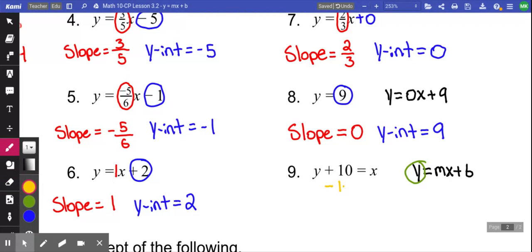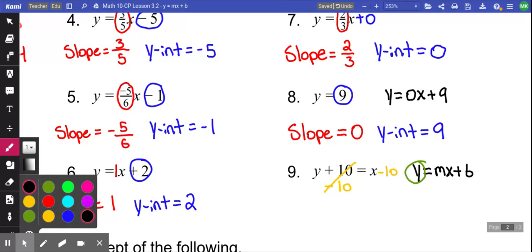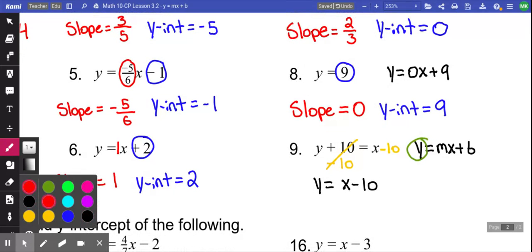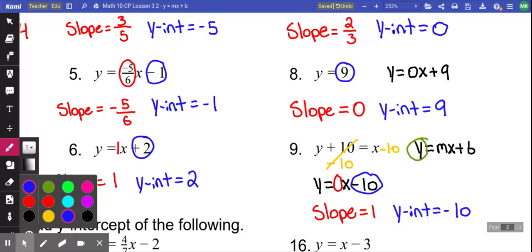The way we move things is by subtracting 10 from both sides. Now that I've rearranged my question properly, I can determine what my slope and my y-intercept are. My slope for this question is an invisible 1 right here. My y-intercept for this question is negative 10, not positive 10.